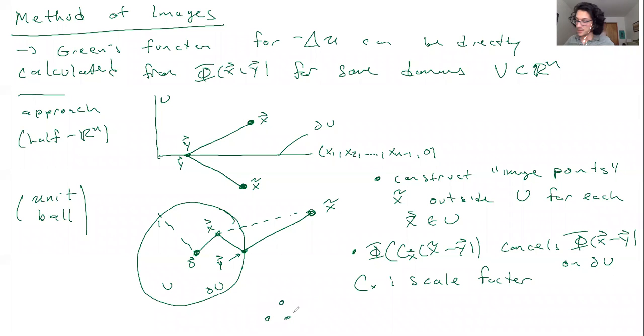Once you have all this together, g of x, y equals phi of x minus y, minus phi of Cx times x tilde minus y.